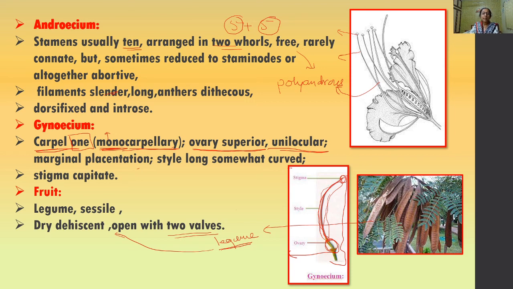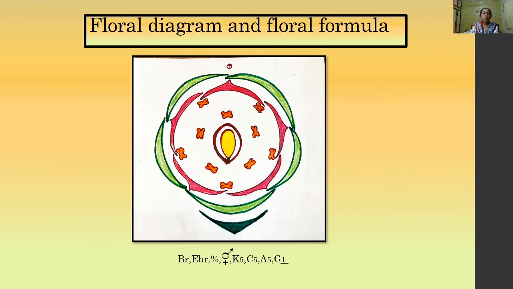Then next we will move on to the floral diagram. Now, in this floral diagram you can see this is the mother axis, which is the important part of the floral diagram which we have to draw first of all.